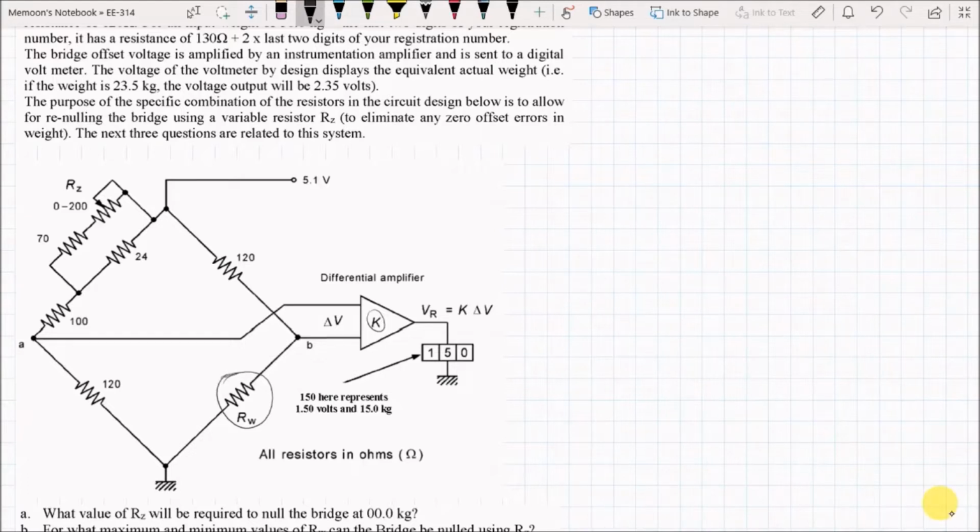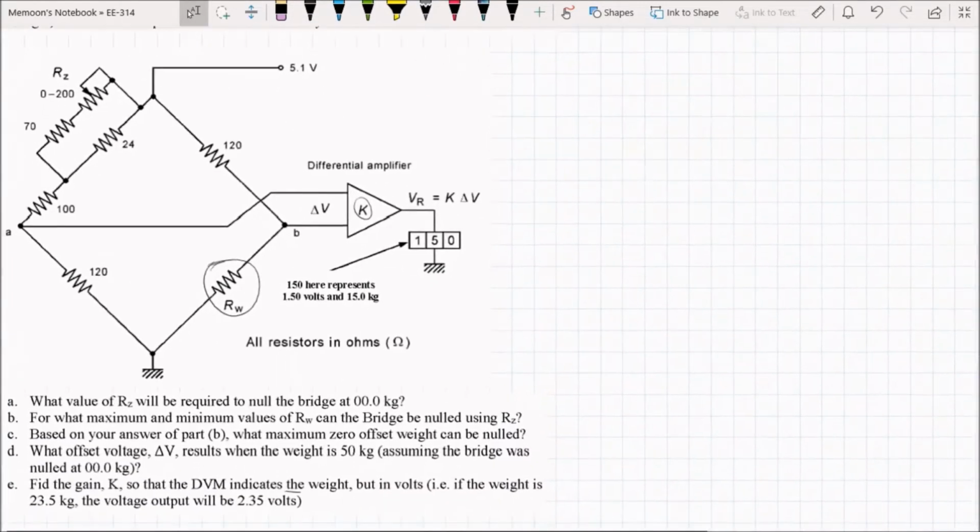So this is a weight sensor. When you put weight on this sensor, its resistance changes, and the change in resistance will cause a change in del V of this bridge circuit, and that del V was converted into actual weight. So if here is 150, 1.5 volts will correspond to 15.0 kg, and all resistances are in ohms.